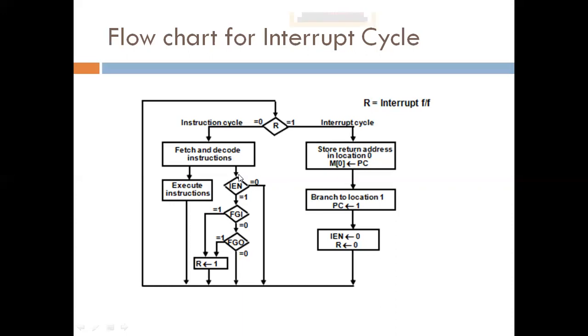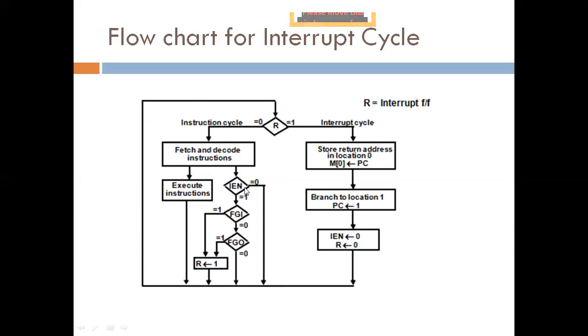If IEN is 0, it indicates the program does not want to use the interrupt and the execution simply goes on. So control continues with the next instruction cycle.